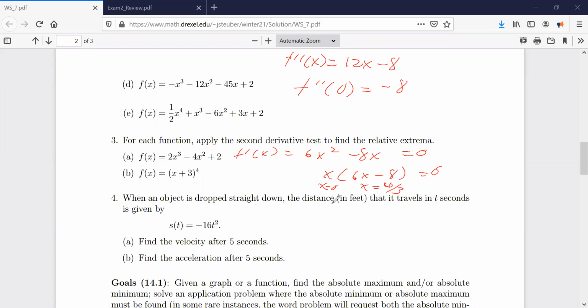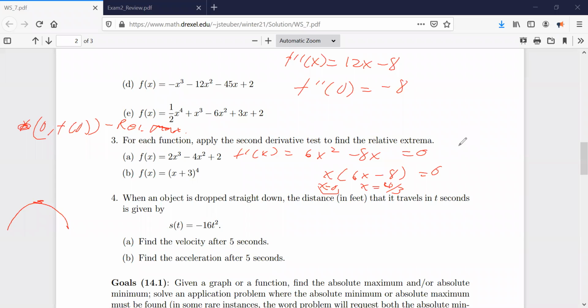So if it's -8, then that tells me it's concave down at x equals 0. And kind of contrary to the instinct, same thing as the pictures before, if it's concave down, it switches from increasing to decreasing, so it's actually a relative max. So at 0, f of 0, we get a relative max.